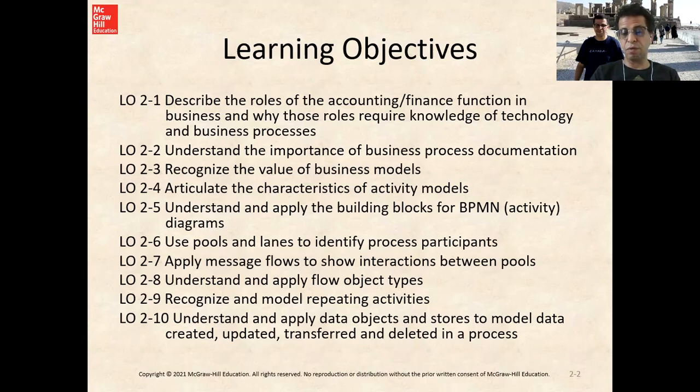Understand and apply the flow object types and recognize the models feeding the activities, and understand and apply data objects and stores to model data created, updated, transferred, and deleted in a process. That's what we are looking for.